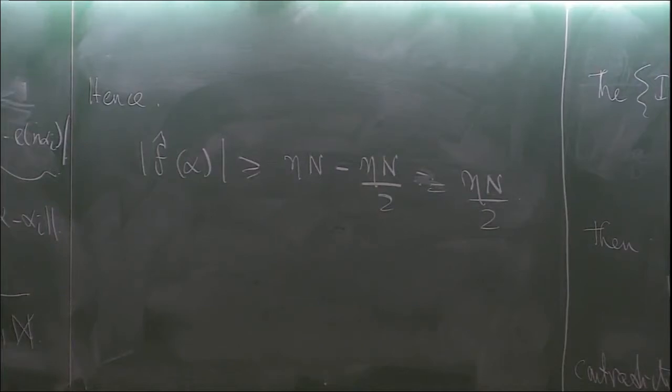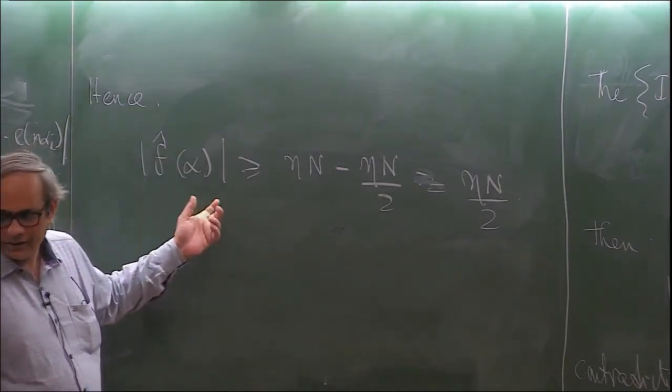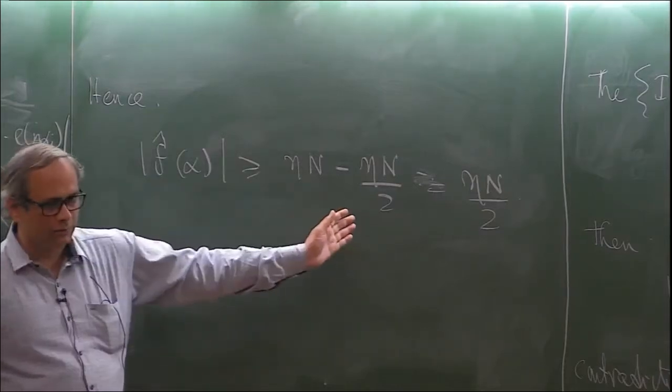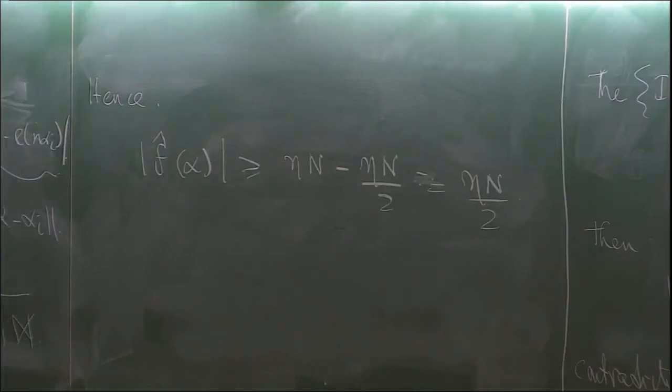On the one hand, the Fourier transform is large on this interval, so you can use Chebyshev bound to find an upper bound for the measure of this set. Because on this set, the Fourier transform is large, and you know a bound for the L^p norm of the Fourier transform. Okay?